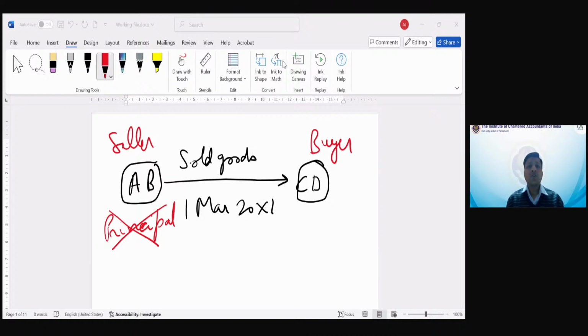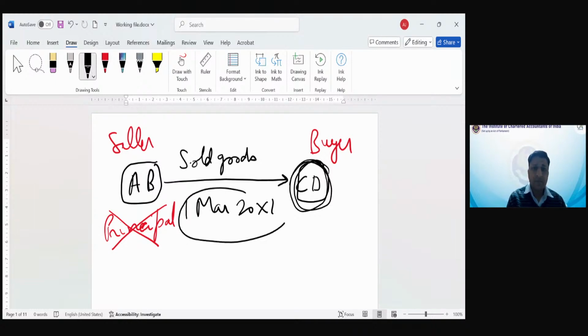So that's why, according to the requirement of the question, you should answer this. The question has given the information that the buyer doesn't have adequate funds on 1st March. What does it mean?